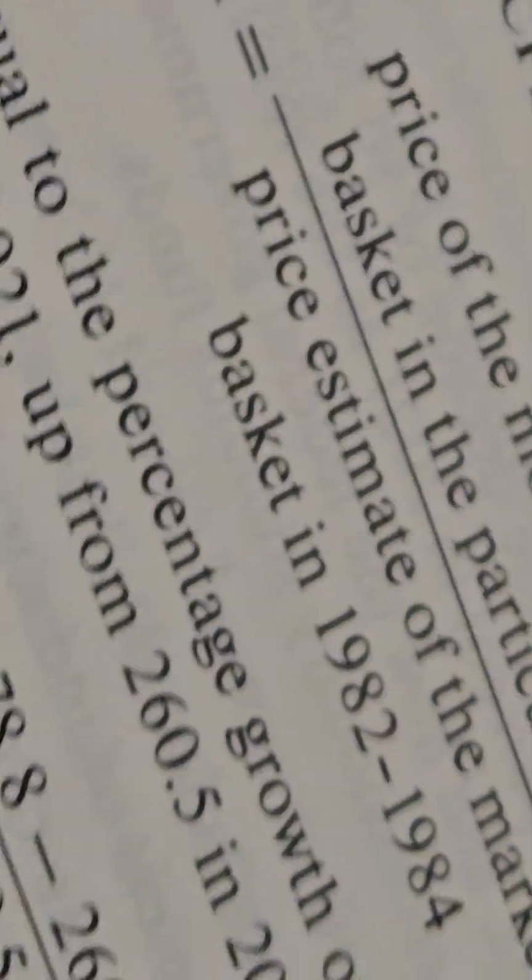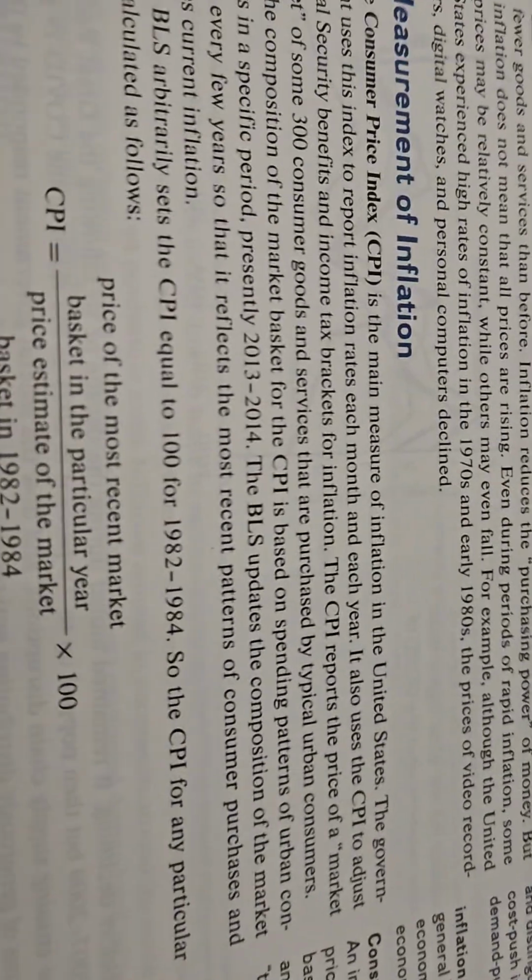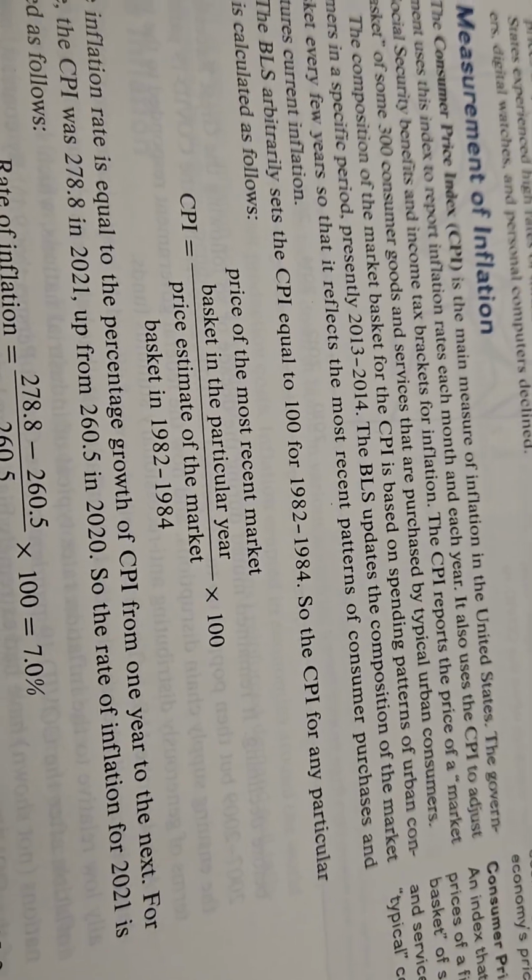All right. Once we get the CPI, CPI is used to calculate inflation. Inflation is equal to CPI this period minus CPI last period, divided by CPI last period, times 100.